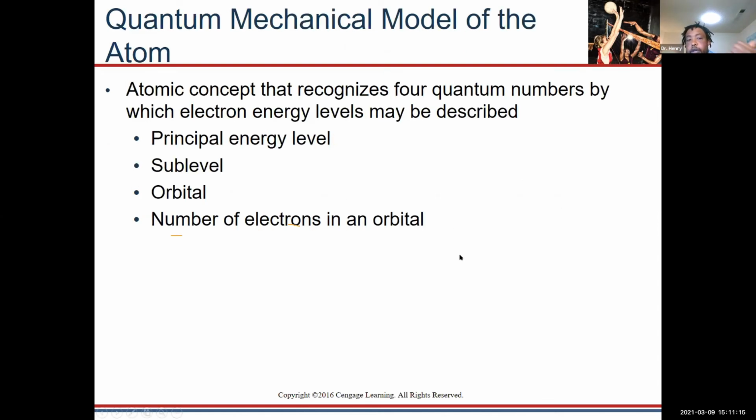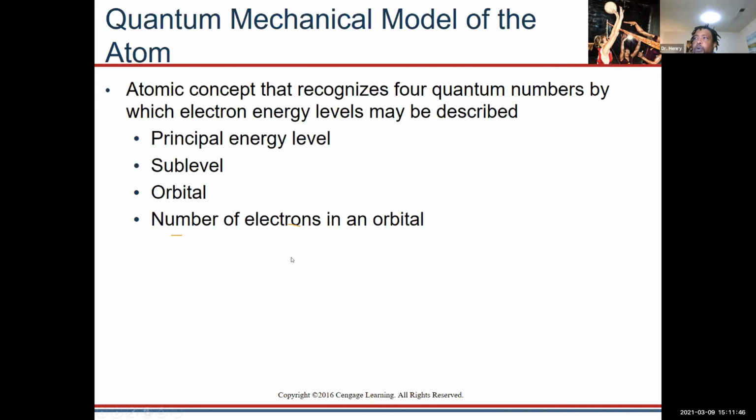We have what we call the principal energy level, which is going to be our period. That's going to be our N. The sub-level is going to be our S, our P, our D, and I'll work those through with you. Then we have what we call the orbital, which I'll explain. And then we have the number of electrons in the orbital, which is often referred to as a spin. We have a positive spin and a negative spin in each orbital.